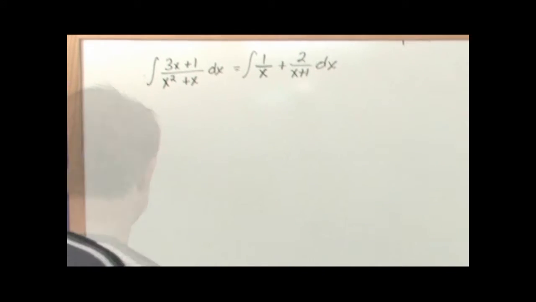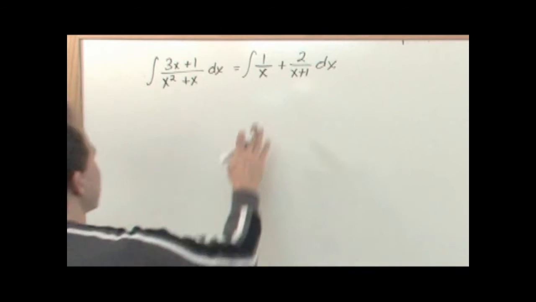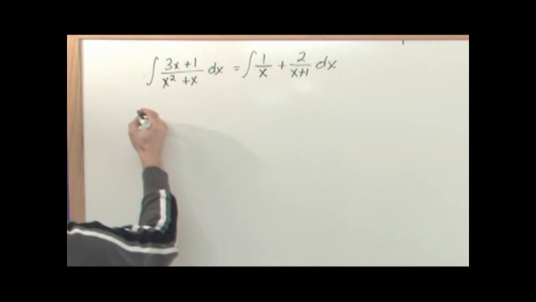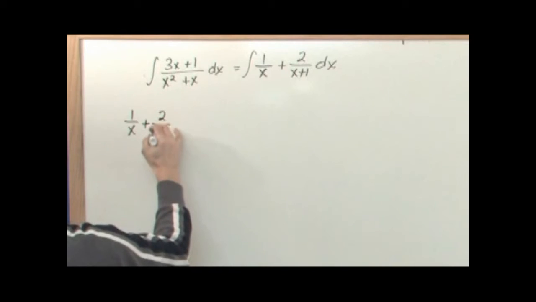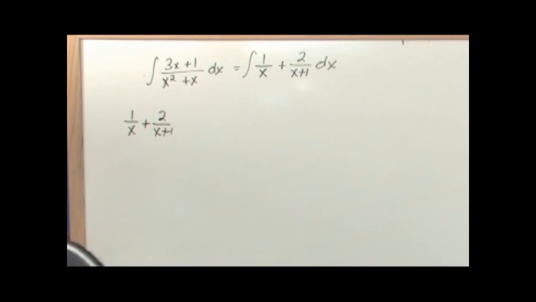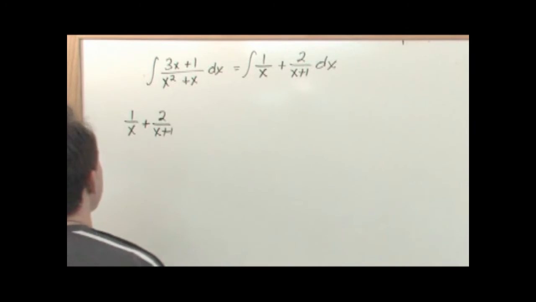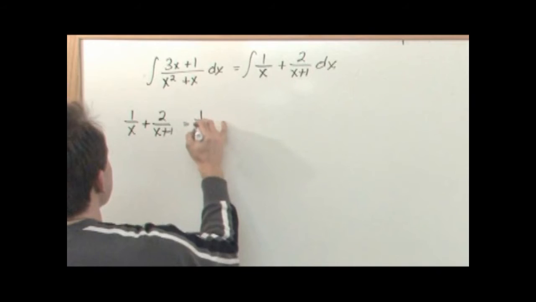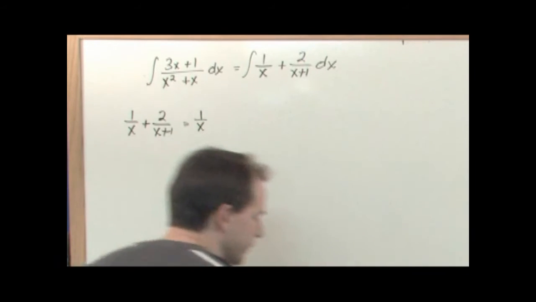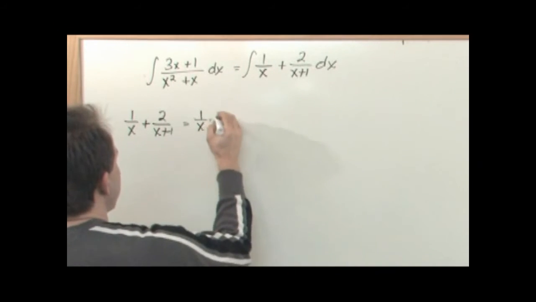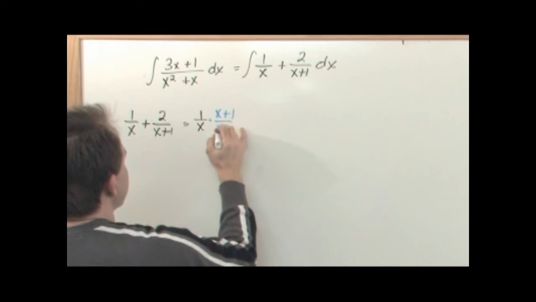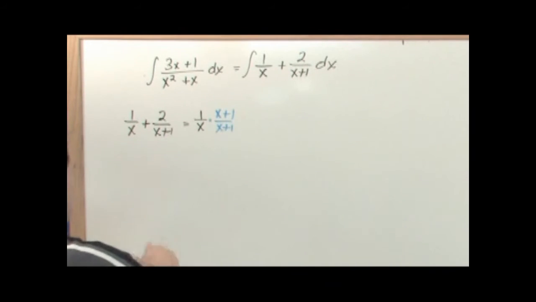Now, one more thing I want to show you real quick, just to prove to you that this is the case: if you have 1 over x plus 2 over x plus 1, and I wanted to add them together to see what I get, how would I do that? Well, I could take 1 over x, and I can multiply it by a conversion factor, x plus 1 over x plus 1, because I'm trying to form a common denominator here.